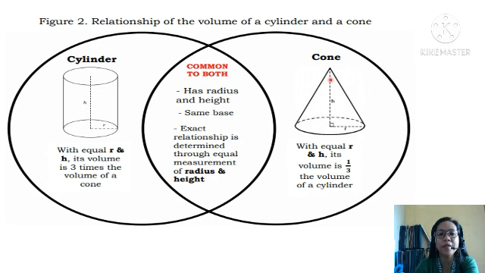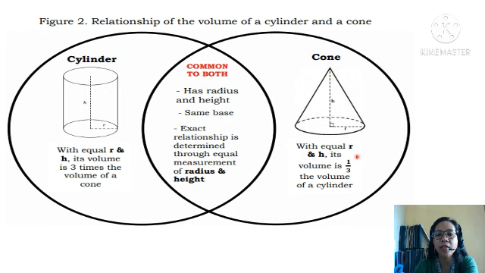So what is common between these two solid figures? The common among them is radius and height, and they have the same size of base. The cylinder cannot be big while the cone is small, or the cone big while the cylinder is small. No. Their bases must be the same size and they must be equally tall; one cannot be shorter than the other.